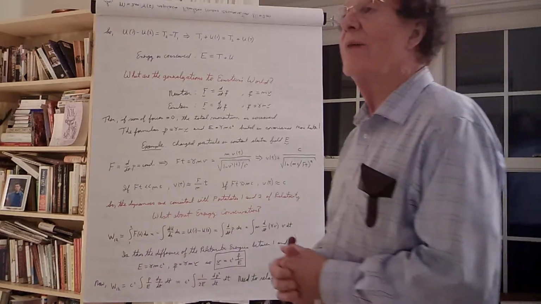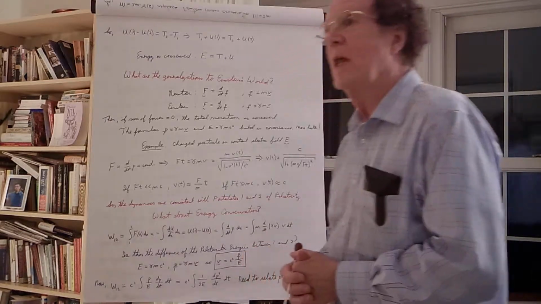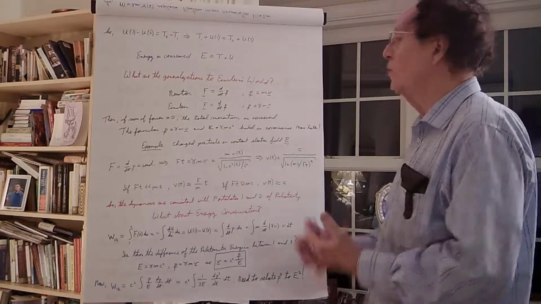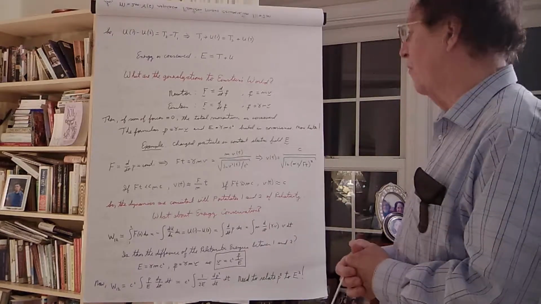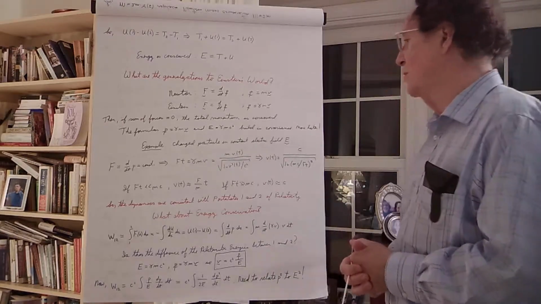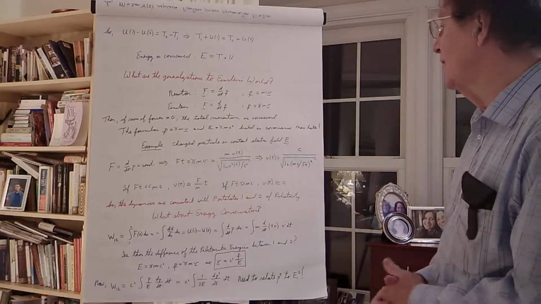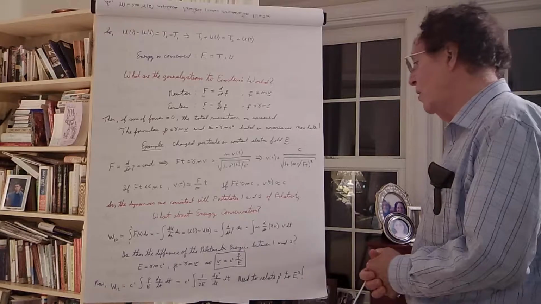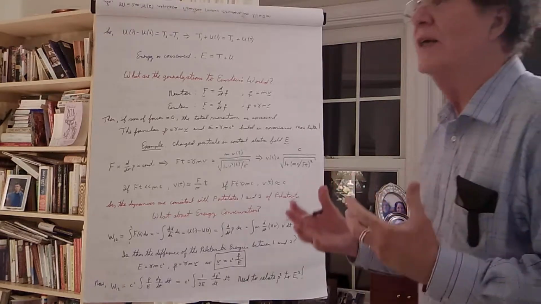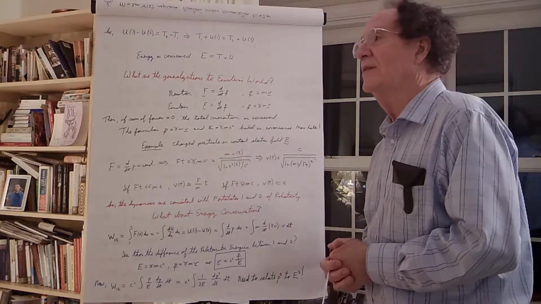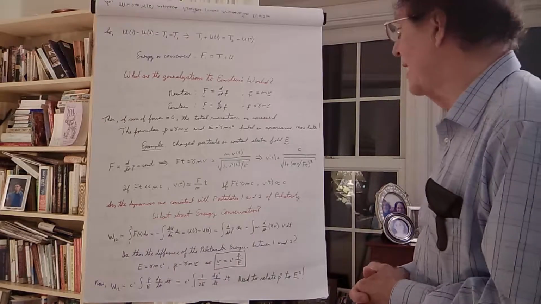f equals the time derivative of the momentum, and see that we get sensible results. And what could be easier than a force which is constant over space? So we see that the dynamics, at least, are consistent with postulates 1 and 2 of relativity. We've tried to build in the postulates of relativity right from the get-go.